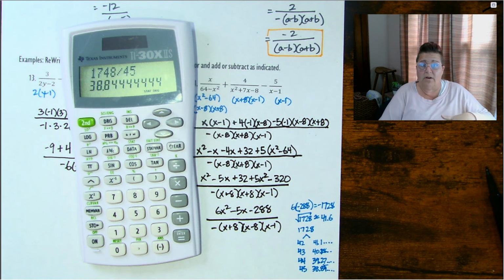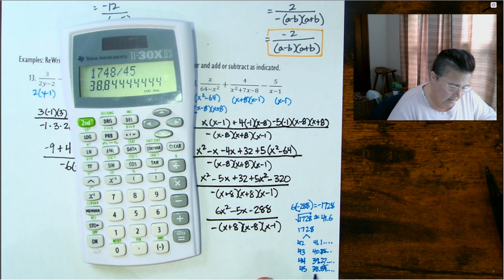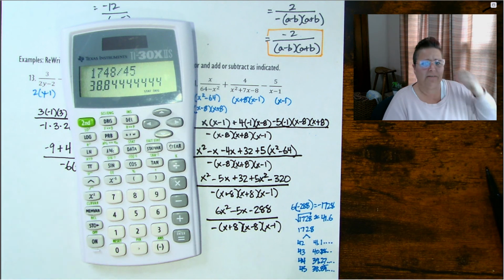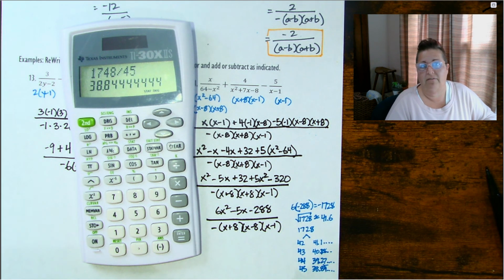So I've tried 4 of them, and none of the differences are varying by 5. In addition to that, if I look at this last one, the difference between these two numbers is more than 5, which means even if I find a pair at this point, they're going to have a difference bigger than 5.